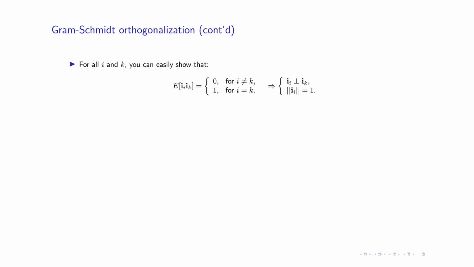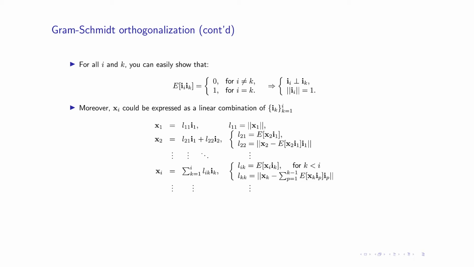Interestingly, Ii and Ik are orthogonal. If i and k are not equal, they are perpendicular, and the length of all of them is equal to 1. So from what we said, you can calculate x1 using this one and so on.